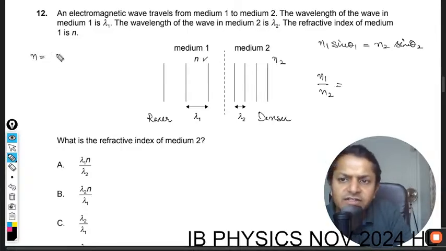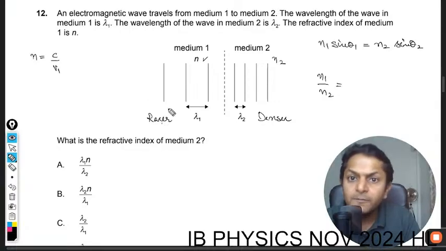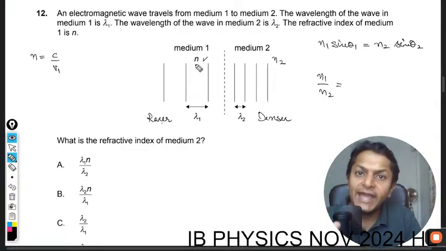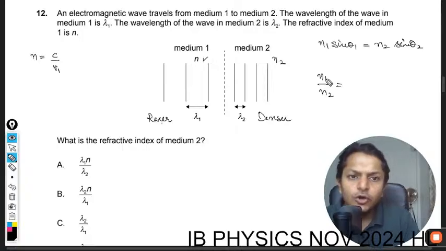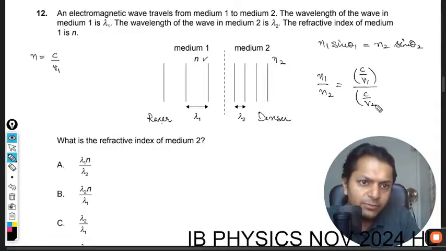The refractive index is defined as the speed of light in air divided by the speed of light in that particular medium. Let's say the first is a rarer medium, not air, because the refractive index is n, not 1. So n1 can be written as c divided by v1 and n2 can be written as c divided by v2.